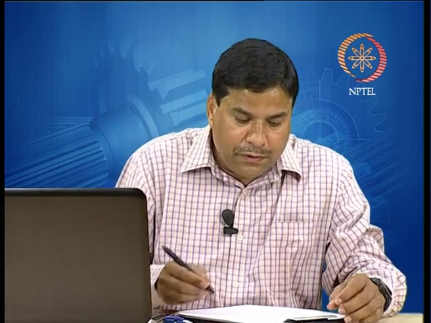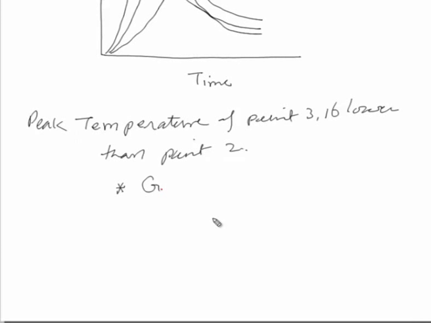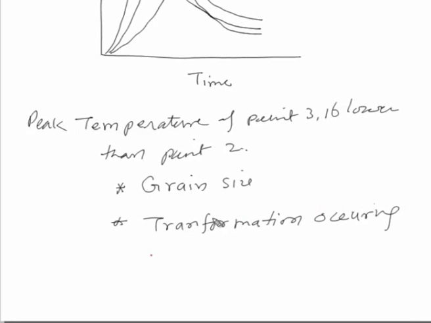Those regions which are subjected to the higher temperature will be affected by the application of heat in a different way than those regions which are subjected to somewhat lower temperature. As far as the effect of the peak temperature is concerned, it mainly affects the grain size and the kind of transformation which will be taking place during cooling.